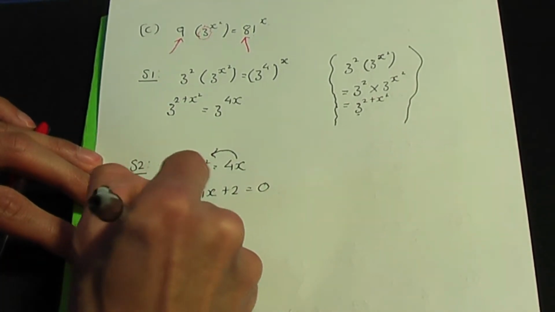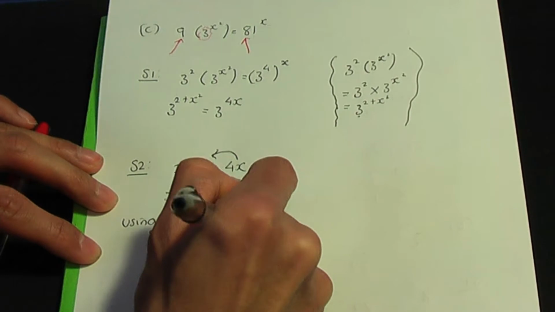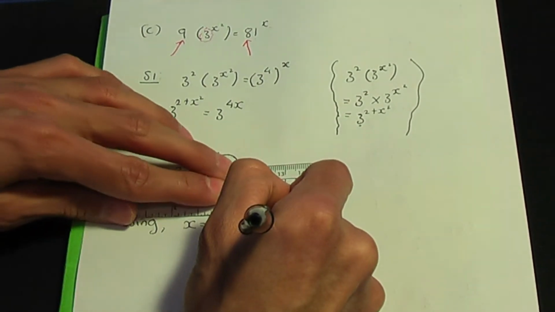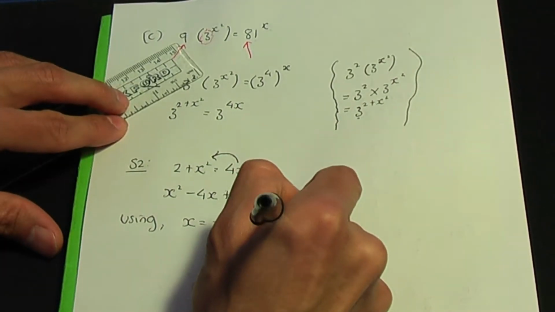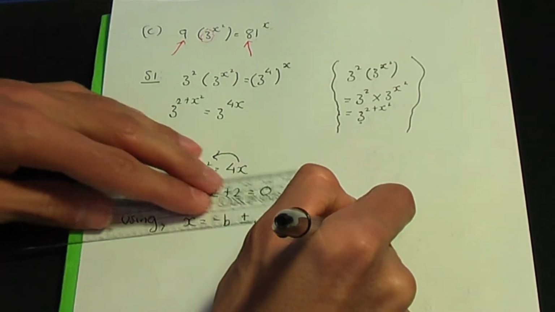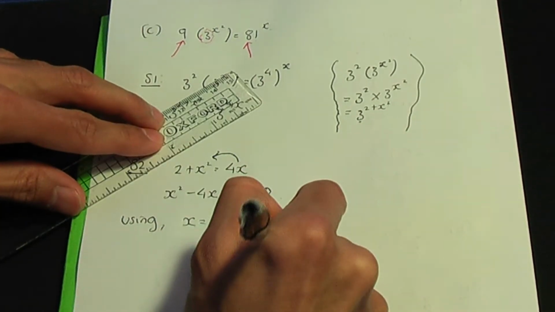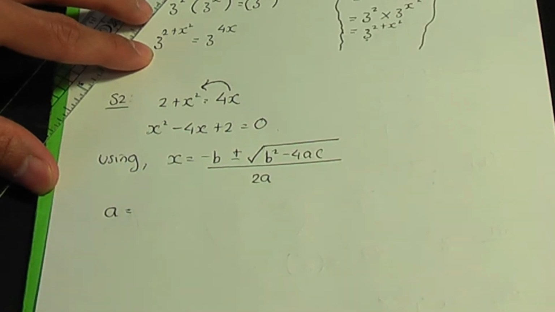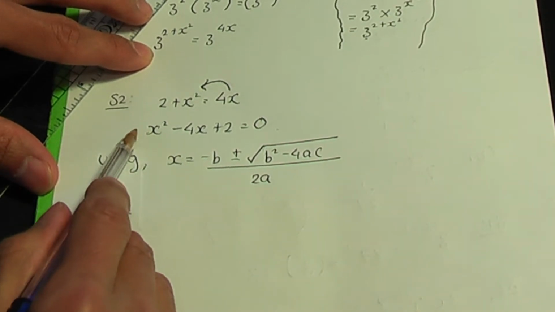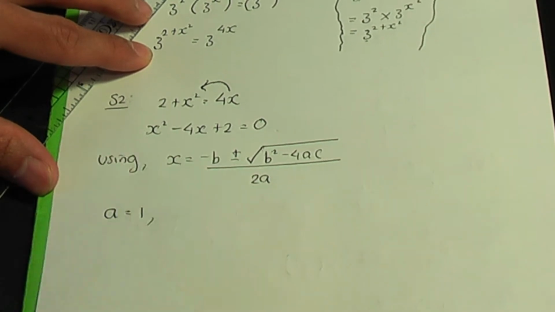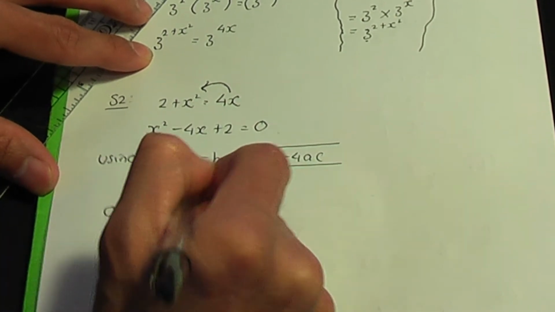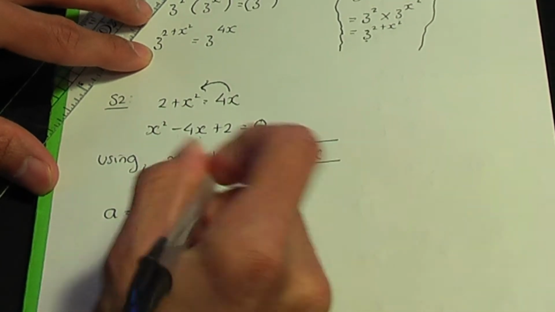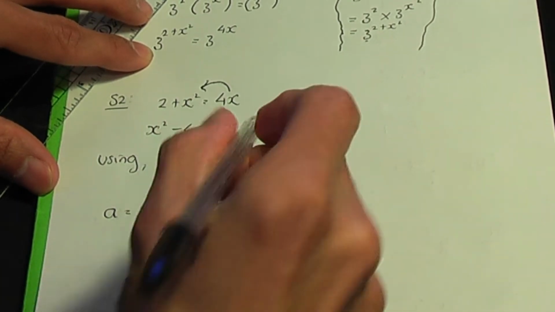So x is minus b plus or minus the square root of b squared minus 4ac, all over 2a. In this formula, a is the coefficient of x squared, which is 1. b is the coefficient of x, which is minus 4. c is the constant in your quadratic, which is plus 2.